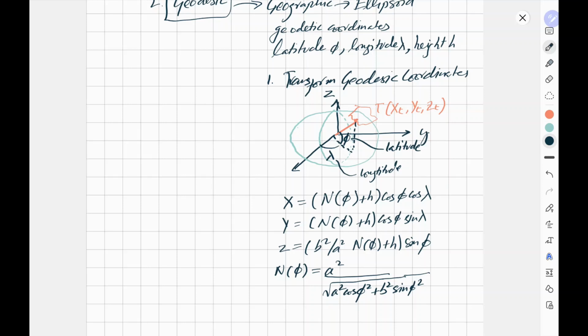Okay, where a is equal to major axis of ellipsoid, b is equal to minor axis of ellipsoid.